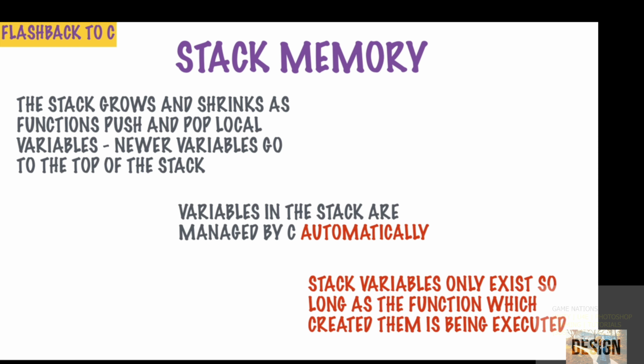As we exit functions, variables cease to exist and they are popped from the stack. Stack variables only exist so long as the function which created those variables is being executed. The minute you exit from that function, the stack variables are popped from the stack memory and they cease to exist.